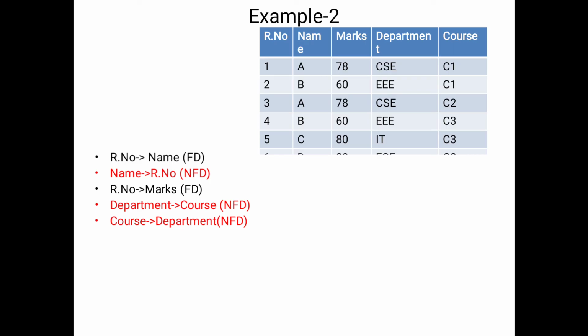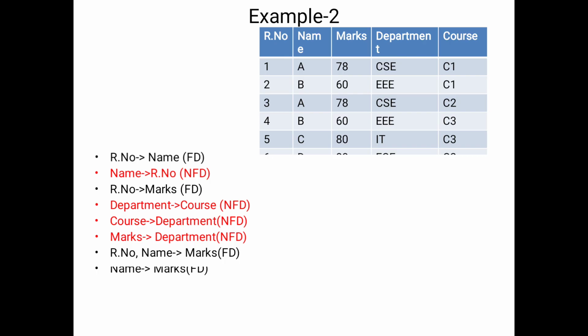But vice versa, suppose I ask what is the roll number of a particular name. What is the roll number of capital A? Here in the name field, capital A is repeated twice, in the first row and in the third row. So in that situation some confusion is there. Those types of information are non-functional dependency.